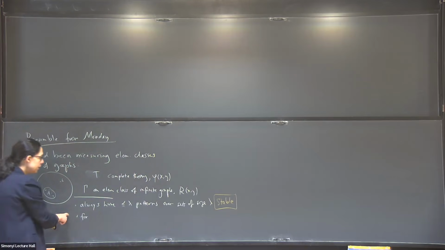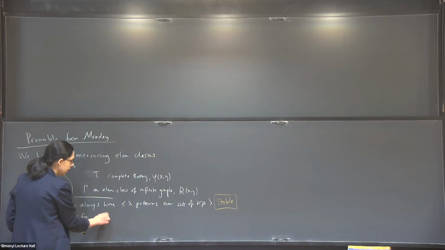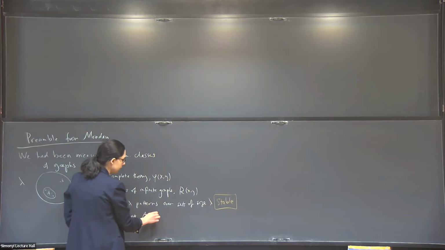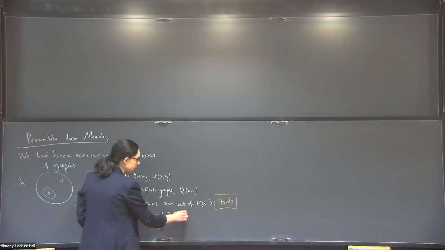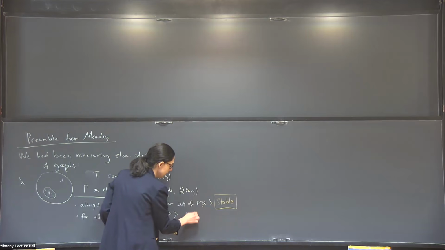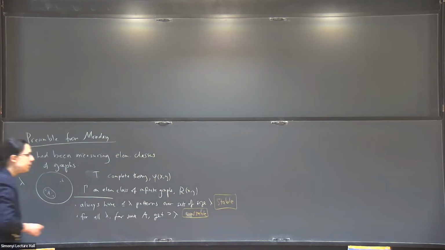Okay, but it could happen that for lambda, for some A, we get more. So this was unstable, and the point was that you're either stable or unstable.